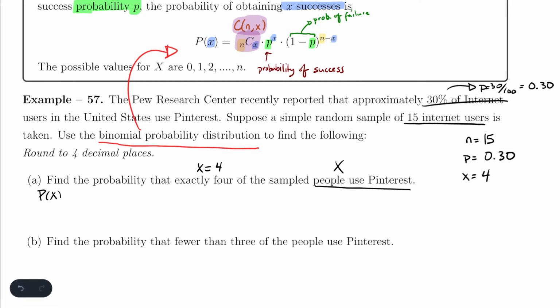The probability of x successes is the combination formula. I personally prefer to write it like this: the combination of n choose x, times the probability where x is the exponent, times parentheses 1 minus the probability whose exponent is now n minus x.